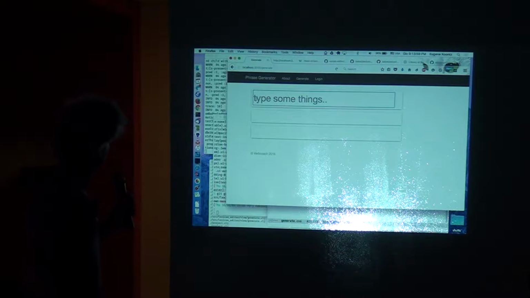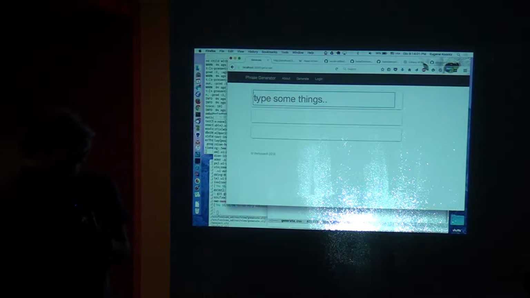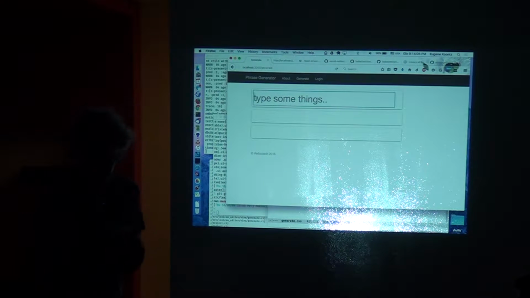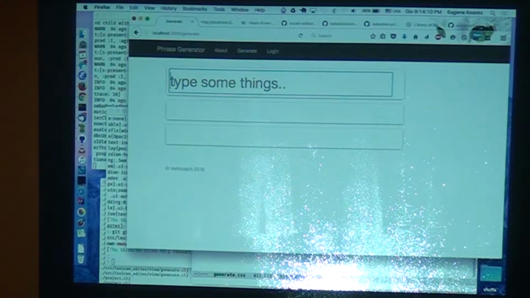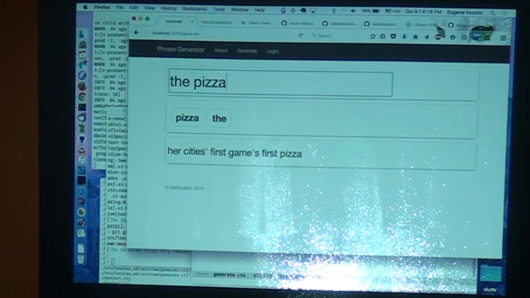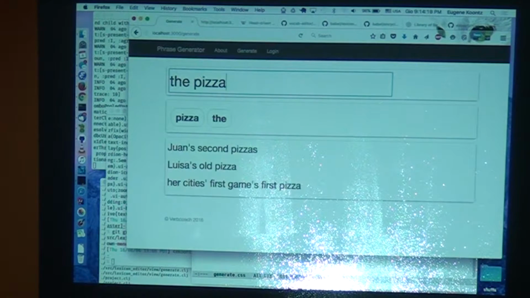Yeah, so what this is basically, it's a way to generate and parse sentences in English and Italian. So I'm just going to type a phrase, the pizza. Okay, so what this is doing is generating similar phrases to what I've typed.